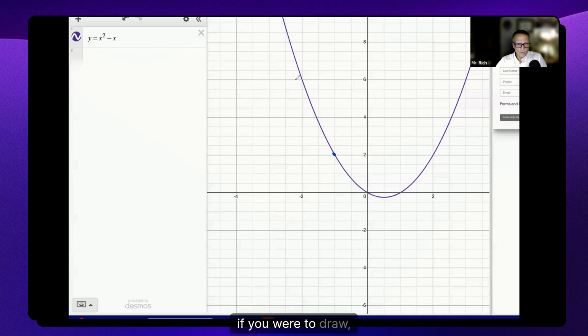In other words, if you were to draw, and I won't be able to draw this accurately, a tangent line that would come down here, this is supposed to be a straight line, by the way, that would nick the curve at that one point, its slope would be negative 3. It's what we call the tangent line slope, which is also called the rate of change at x equals negative 1.